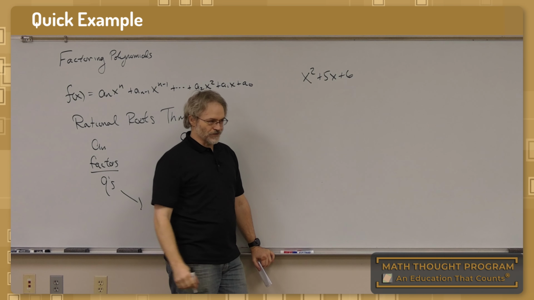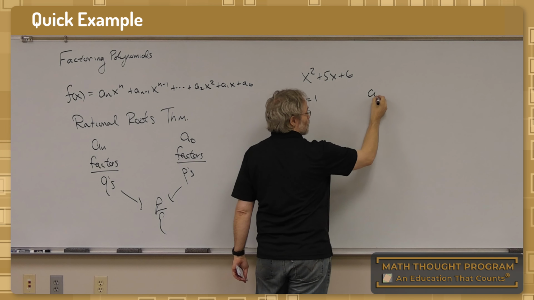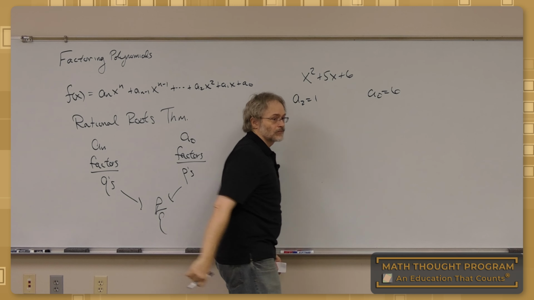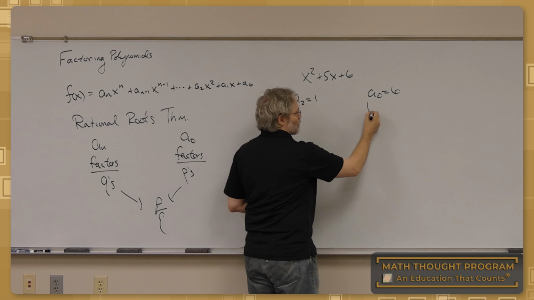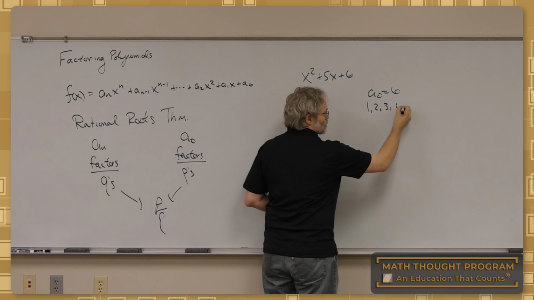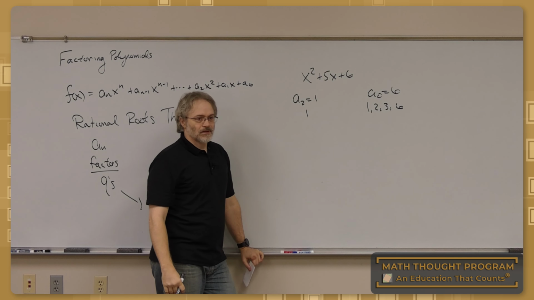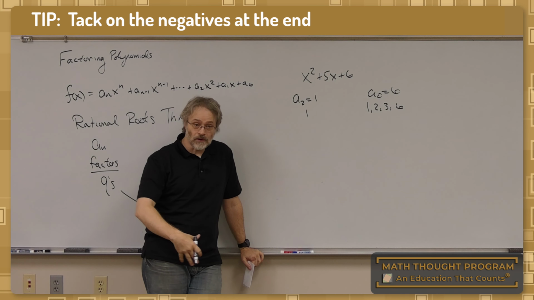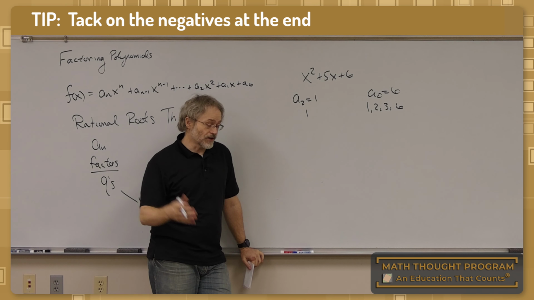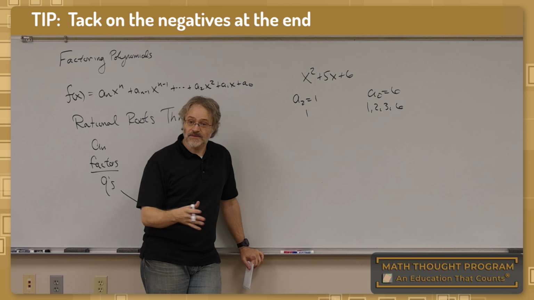I look at the leading coefficient. I look at the constant. I look at all the factors. Look at all the factors over here. Okay, but don't forget there are also negatives. -1 also divides 6. -2 also divides 6. But keep the negatives to the very end.